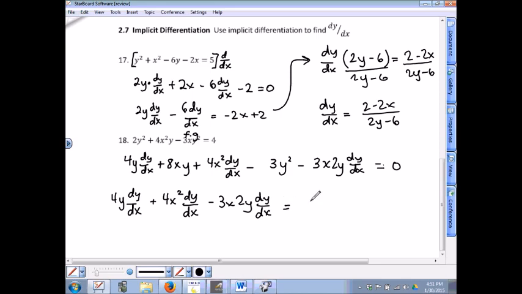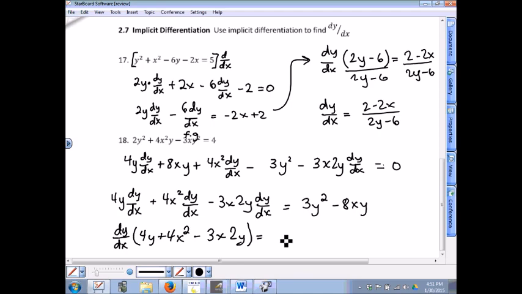On the right side, we're going to have a positive 3y squared minus 8xy. And then if we factor out a dy dx, we're going to have 4y plus 4x squared minus 3x times 2y equals 3y squared minus 8xy.